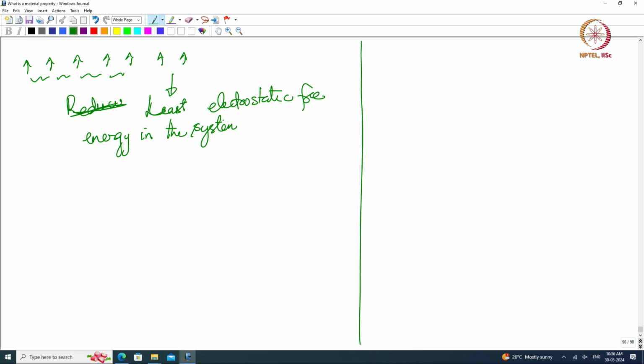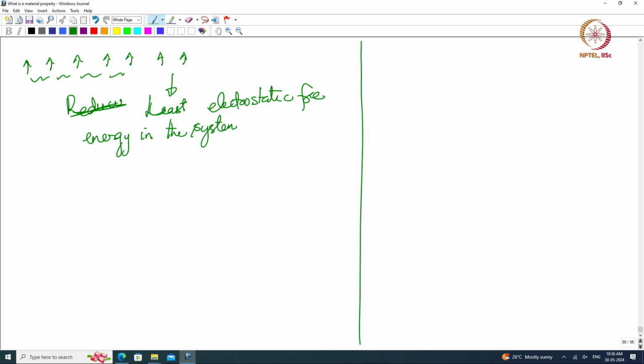Okay. So, if systems want to minimize their free energy, then aligning and cooperating with each other is good. That brings some stability, that reduces the energy of the system. If in a country I follow a system and that makes my country stable, I would rather fall in line and follow the system, because of the greater good.